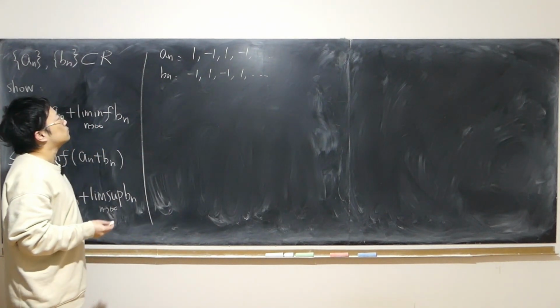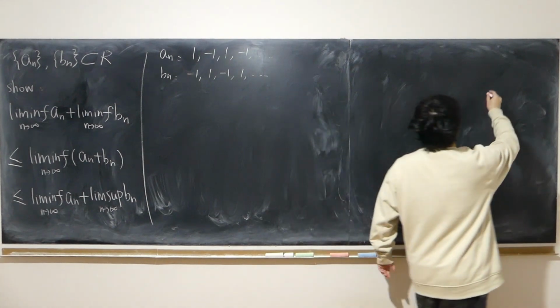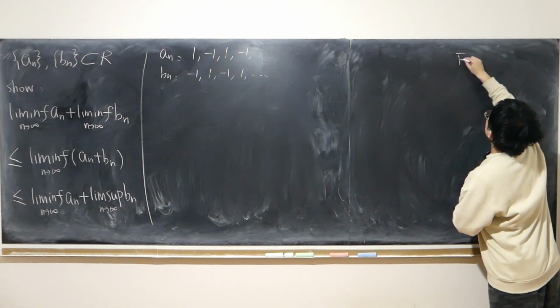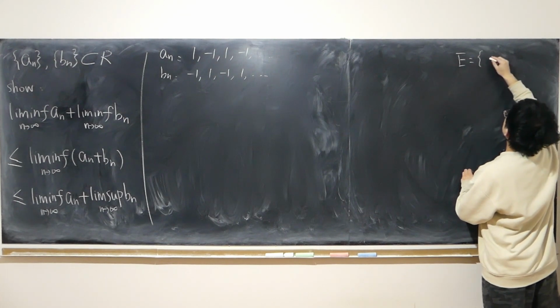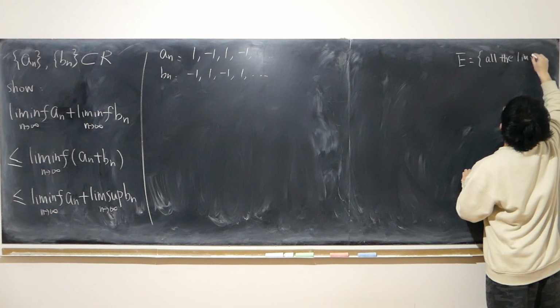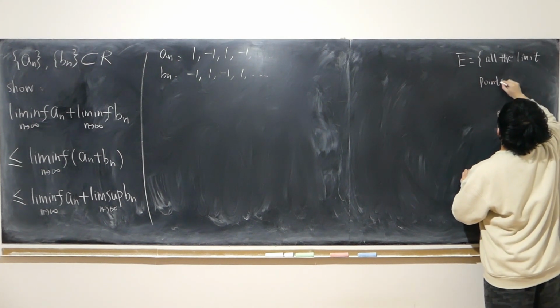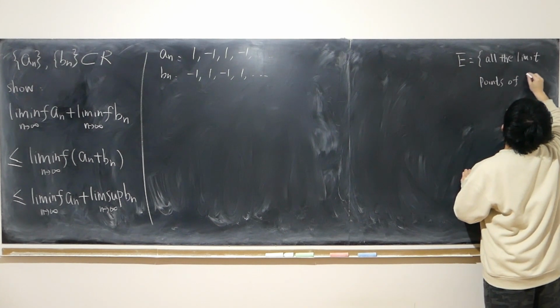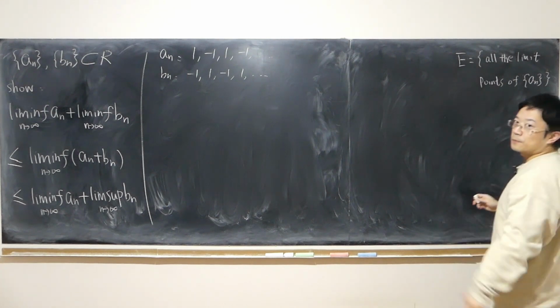So here we have defined this set E. What is this set? All the limit points of the sequence a_n. Right, this is our set.